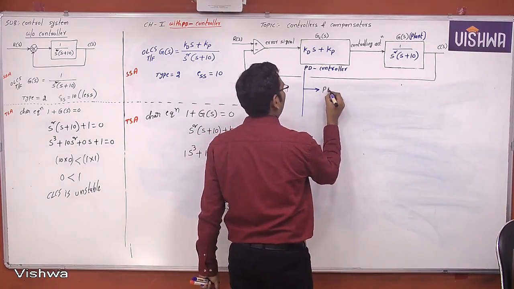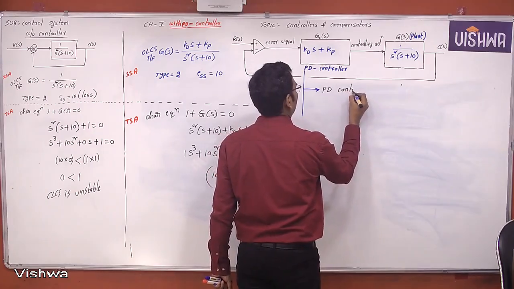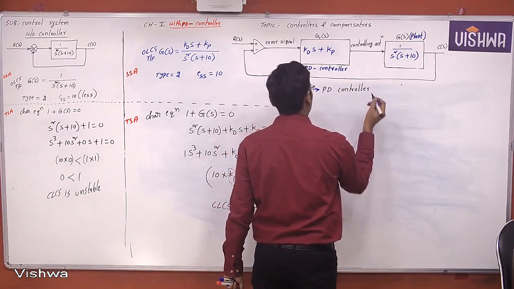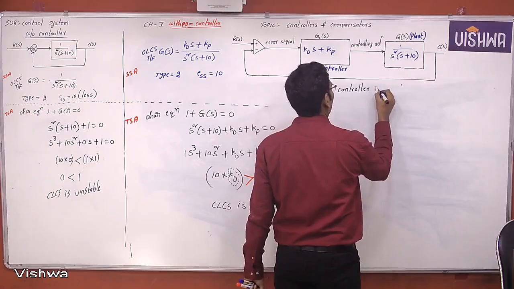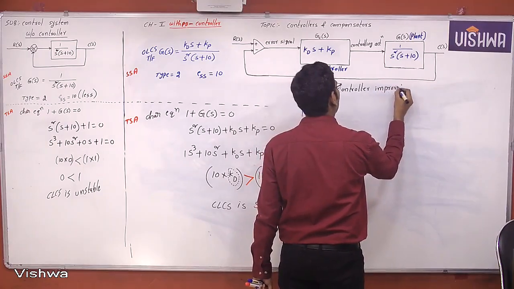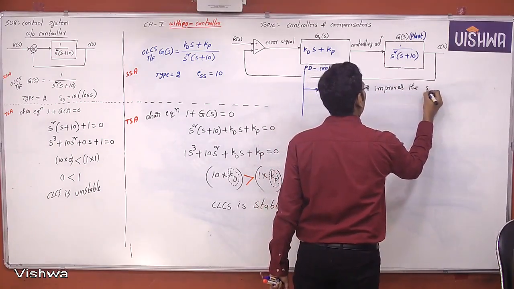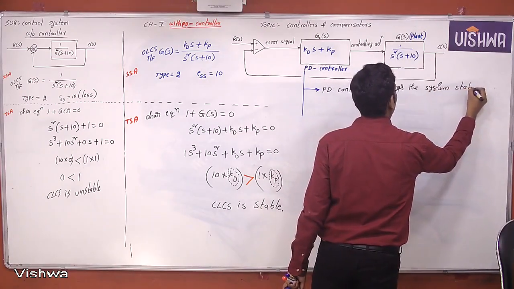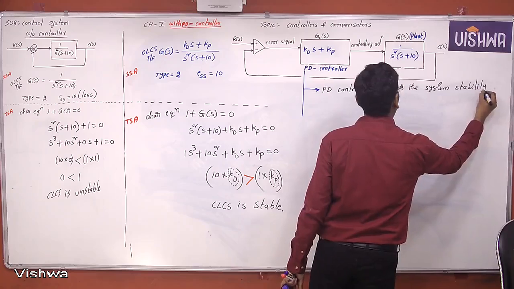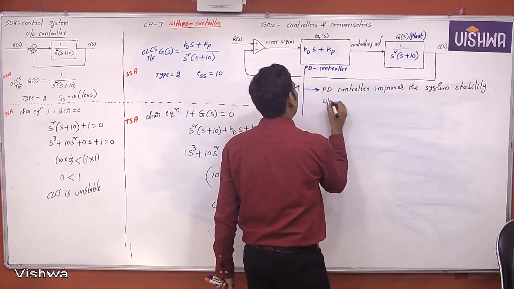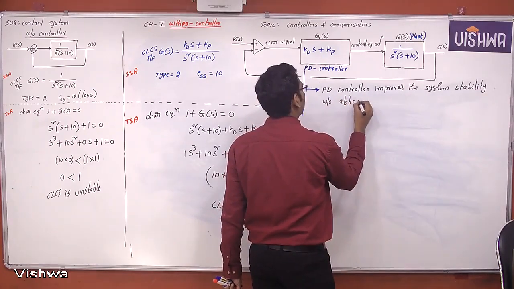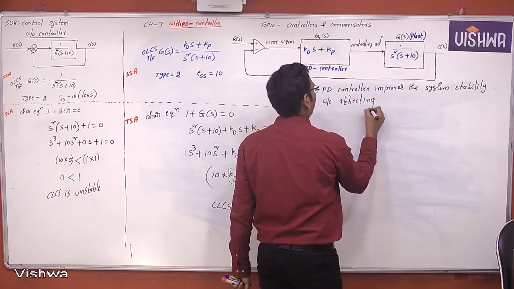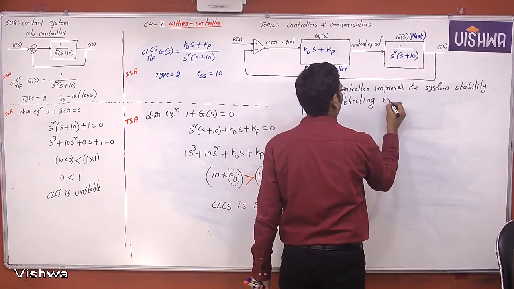A PD controller improves the system stability without affecting error.